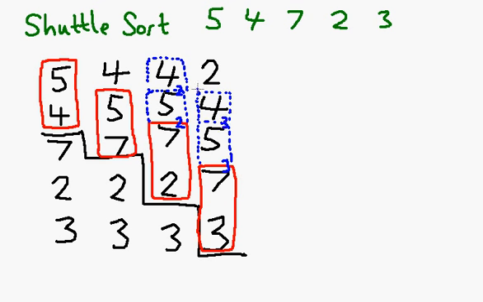And there's going to be a swap there as well, so I also need to compare with the 2. Now we keep on needing to compare the 3 with the 5, with the 4, and then the 2 to make sure that the 3 is getting put in the correct position.